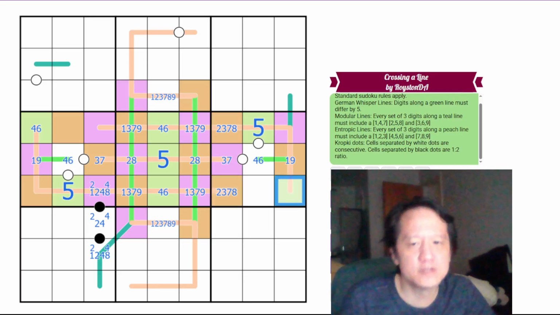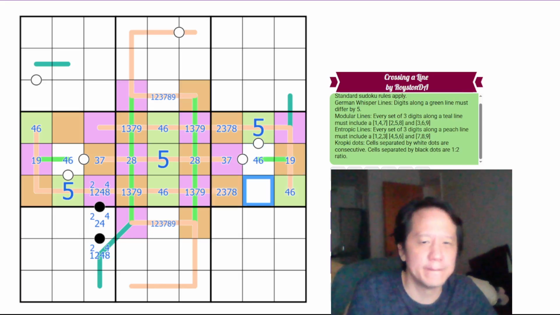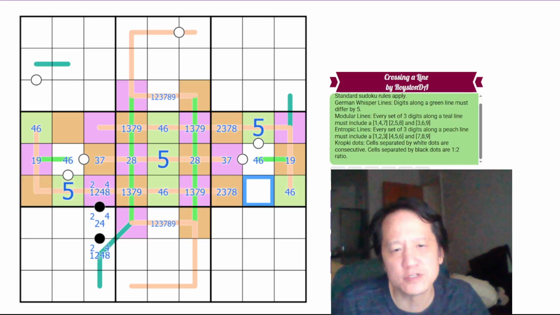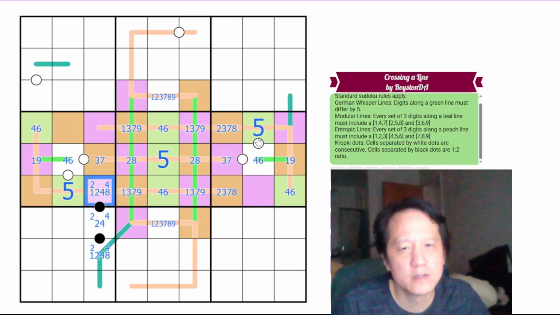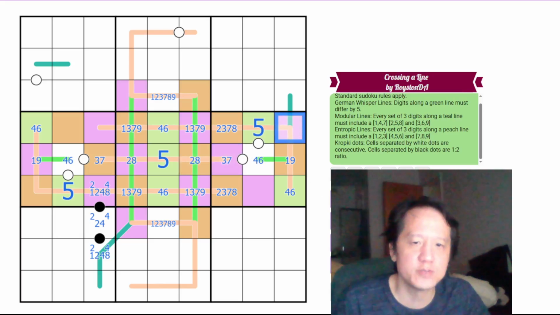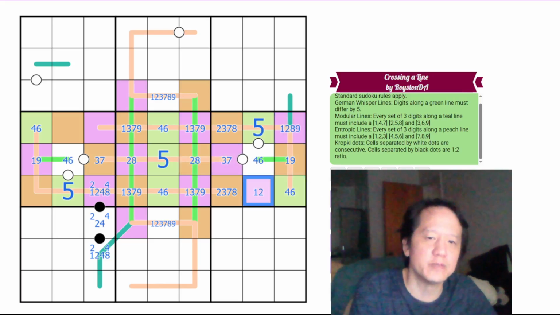This is 4 or 6. We have 3 oranges already in row 6, so this is pink. We cannot have the pink 3, 7, so this must be 1, 2, 8, 9 in the pinks.